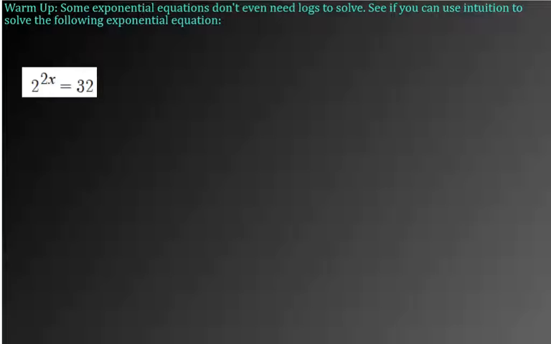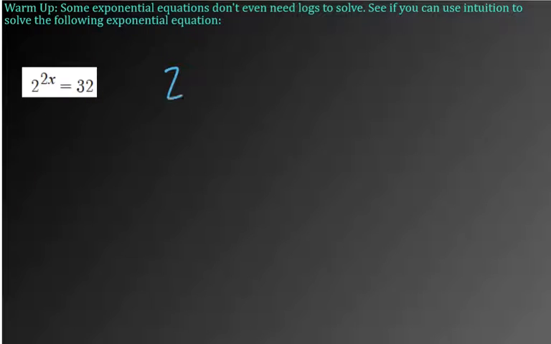So today we're going to talk about how to solve exponential equations, but ones that don't need logarithms to solve them. And in the next video, we'll do ones where you do need logarithms to solve them. Some of them are like this one here, and these are kind of the nicer version, because every once in a while you'll get something where, like in this problem, you have a base 2 exponential on the left, and you can actually write 32 as 2 to the 5th, right?